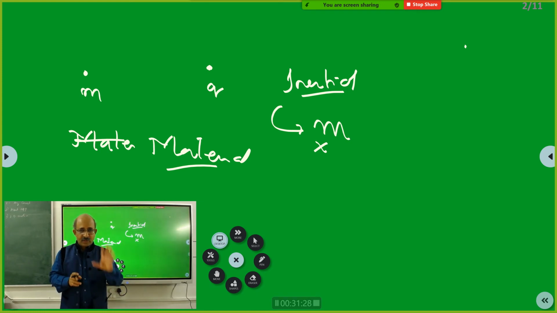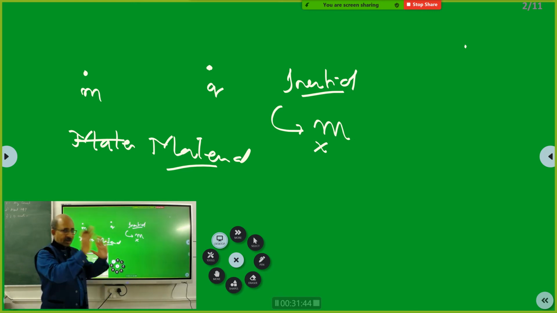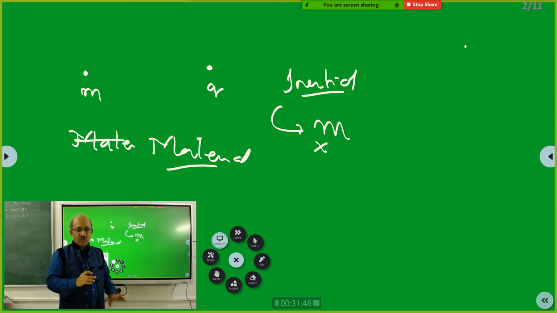Or look at it the other way. Inertia can be told in another way. Supposing the body is moving. That means there is no external force acting on the body. A body is in motion, no external force is acting. Then it keeps on moving.